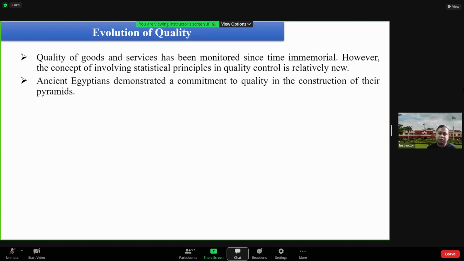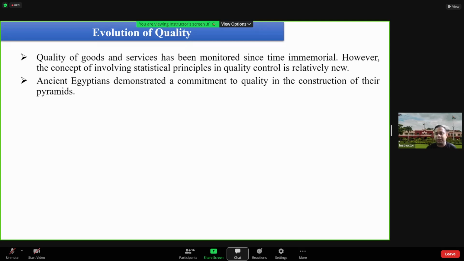They exhibit the quality parameters that were followed at that time, because most of those things, unless they were destroyed by invaders, still exist, and the quality is not that bad.